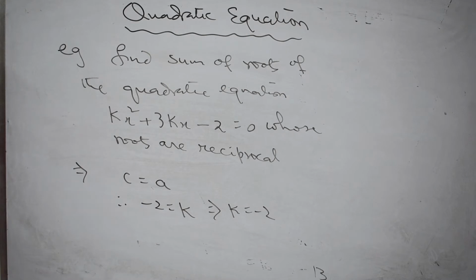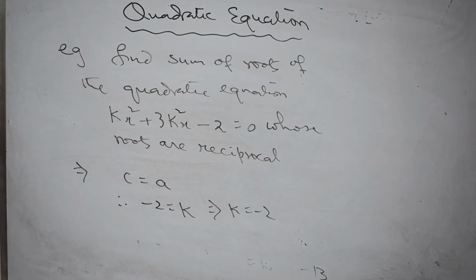Now what is the sum of roots? I am changing the question a little bit, let it be k square, otherwise it will not make any sense: kx square plus 3k square x minus 2, and the roots are reciprocal.